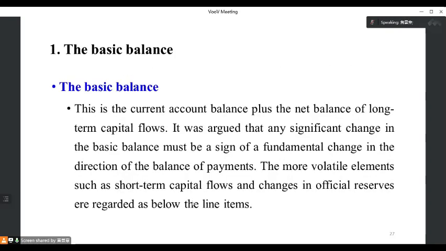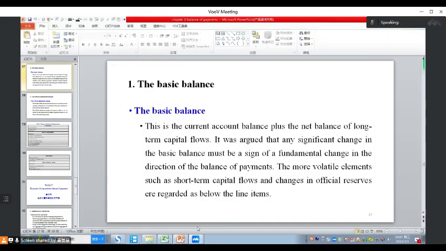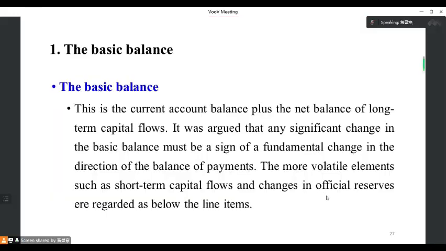Let's go on. The basic balance. The basic balance is the current account balance plus the net balance of long-term capital flows.